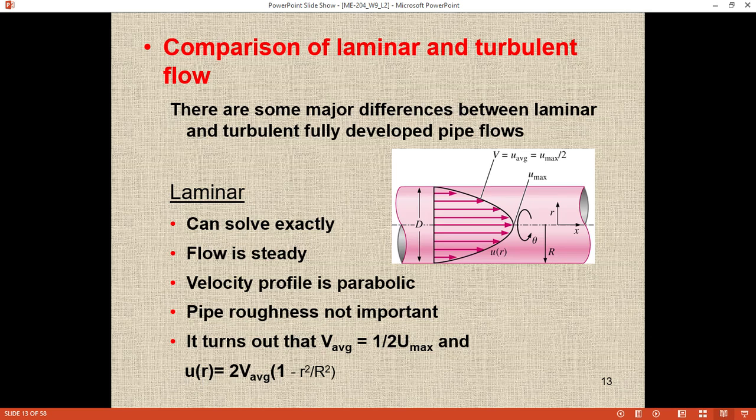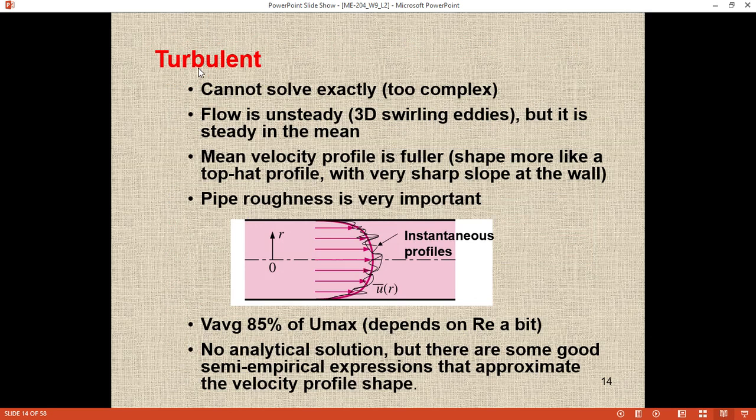And in turbulent flow we can see the flow is like that, it is flatter. But at every instant the velocity profile is different. It is not in a proper shape, so we take this profile as an average.